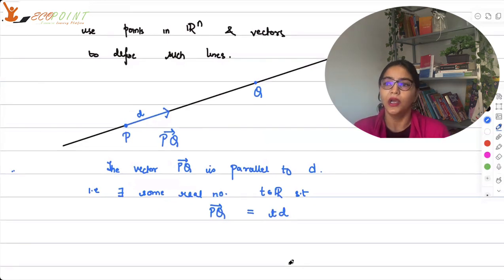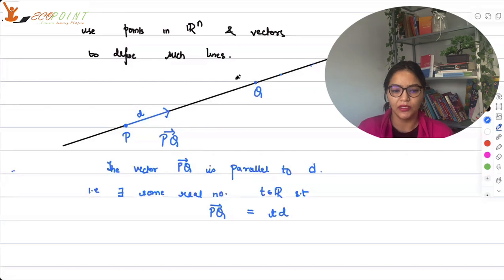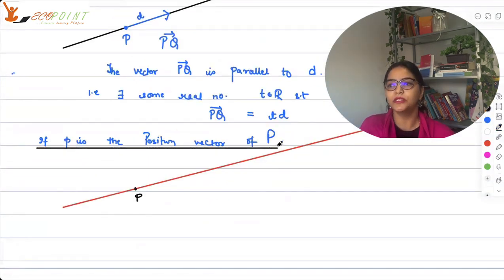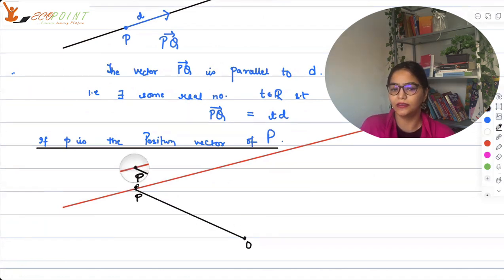Now, this point Q is on the line L. It could be anywhere. It could be here, here, here. So depending on T, the length could keep on changing. What we can say is that it's the position vector of the point P. If this is, say, the origin 0, then this is your lowercase p, the position vector.